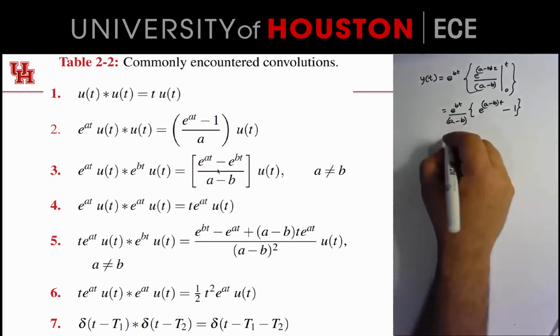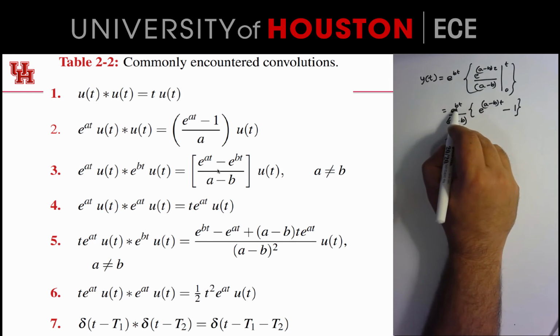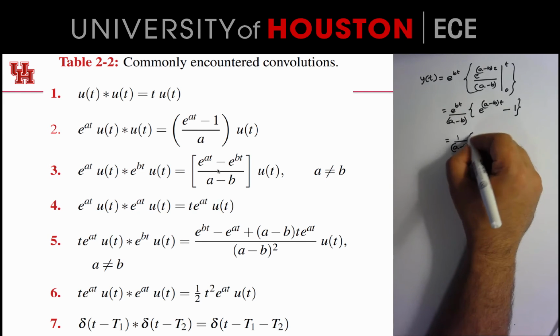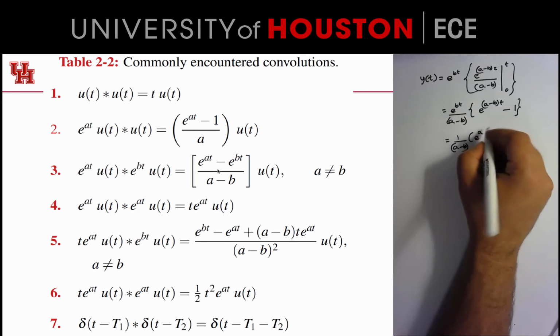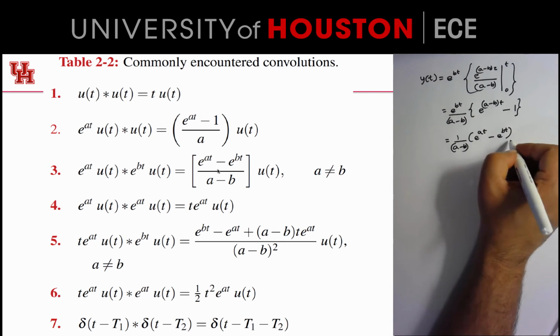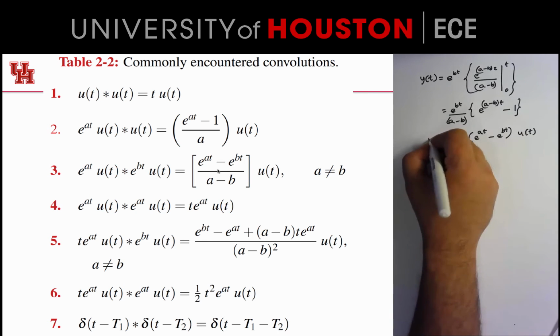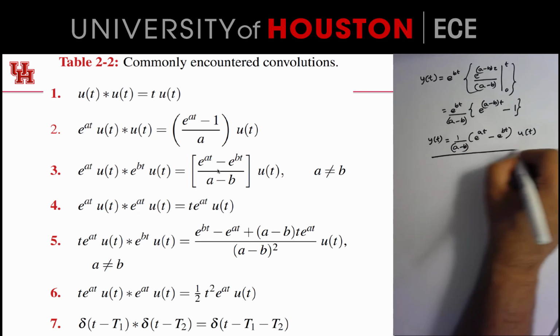If I expand this out, I get 1 over a minus b times e to the at minus e to the bt. And of course, I multiply the whole thing by u of t because it's causal, and this is my final answer.